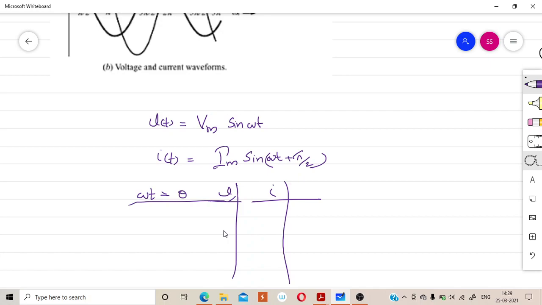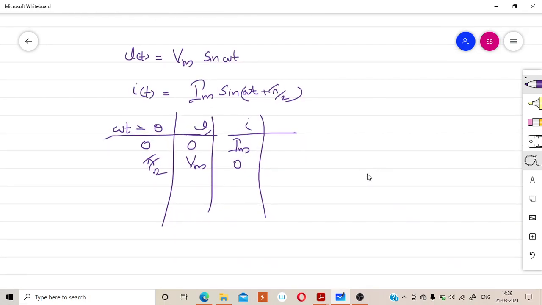If you substitute theta equal to 0, then you will get V equal to 0, but I is sin pi by 2, and sin pi by 2 is 1, so you will get Im. For theta equal to pi by 2, V will be equal to Vm and I will be equal to 0.